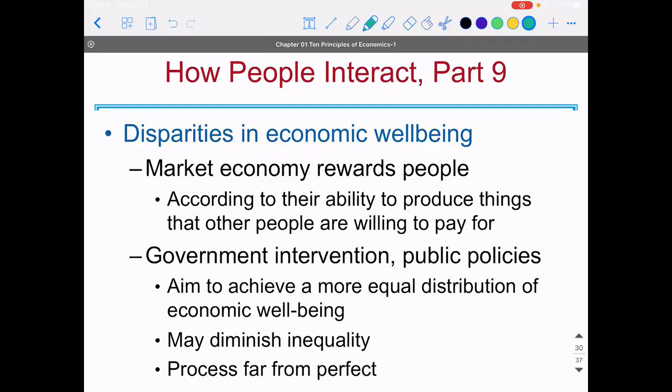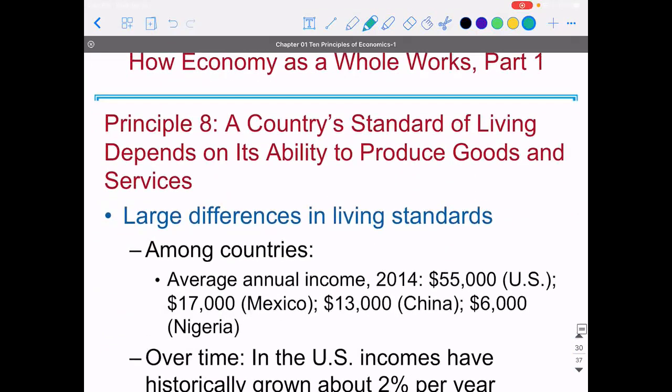And so we want everyone to have at least a 12th grade education. We want everyone to have access to affordable housing. We want people to have access to safety from like the police system and the fire system, and that doesn't just go to rich people. So we try to reduce inequality as best we can.